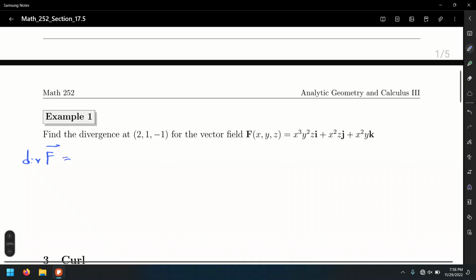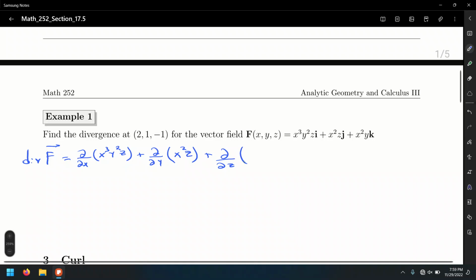which is going to be the partial derivative with respect to x of the x component of the vector field, that is of x cubed y squared z, plus the partial derivative with respect to y of the component in the direction of j, that is the second component of the given vector field, plus the partial derivative with respect to z of the component that goes in the direction of k of the given vector field.